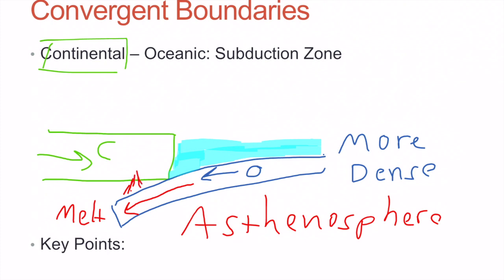As it rises, it's going to work its way through the cracks in the continental crust. It might also melt some of the continental crust. So it's going up, going up, going up, and this liquid hot magma keeps on rising through the continental crust until eventually it hits the surface.